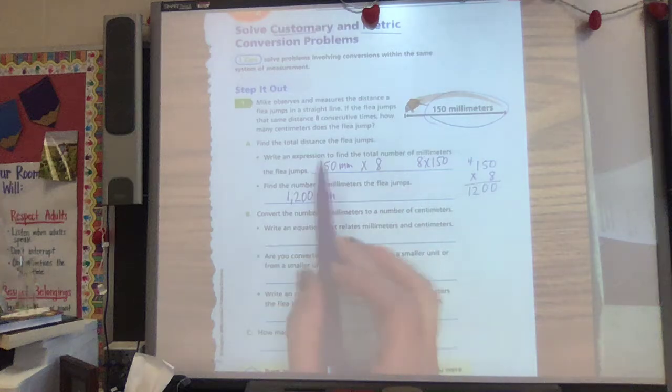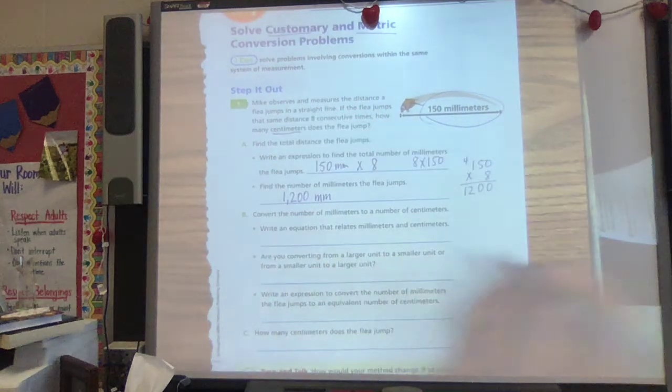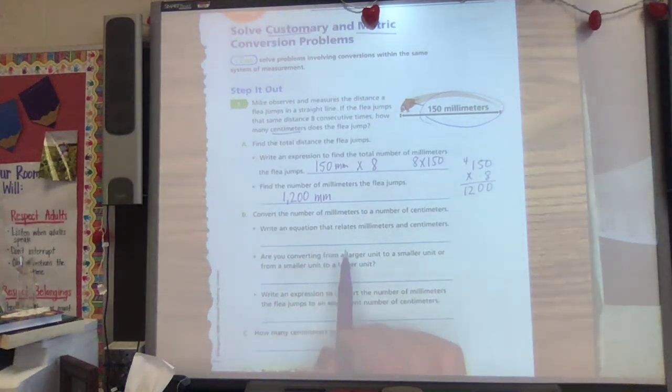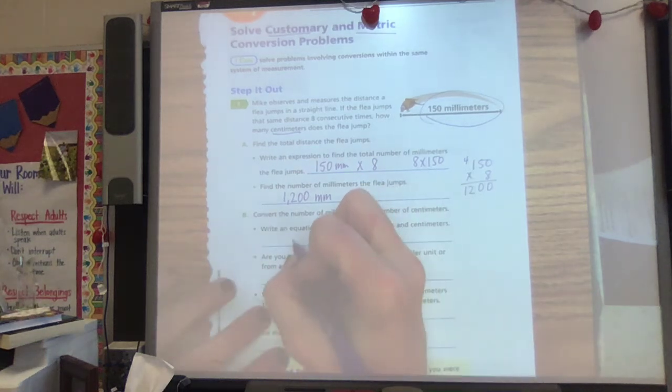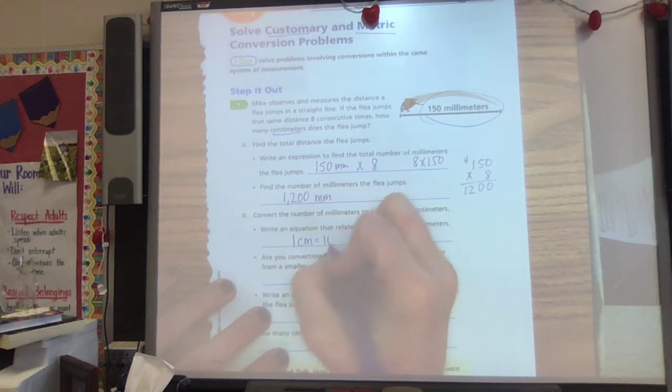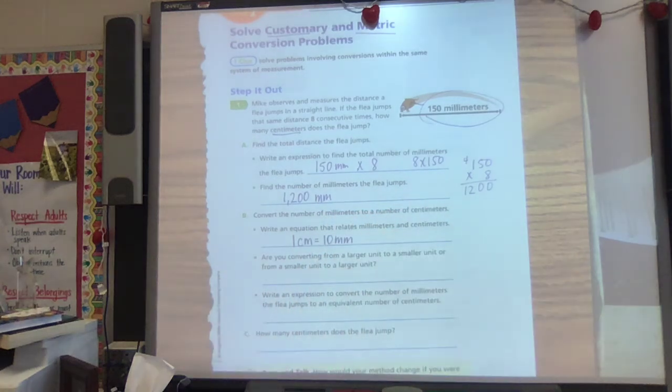Now, because it says how many centimeters, it doesn't want our answer in millimeters, it wants our answer in centimeters. We need to convert that. Well, what equation relates millimeters and centimeters? Or what do we know about millimeters and centimeters? Well, I know that 1 centimeter equals 10 millimeters. So let's think about it.